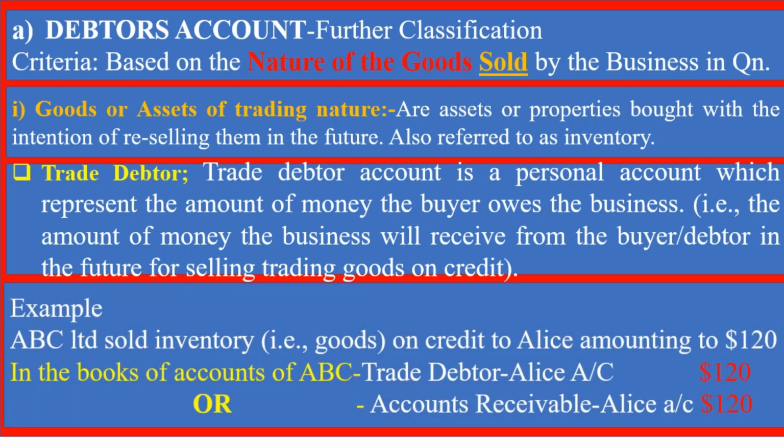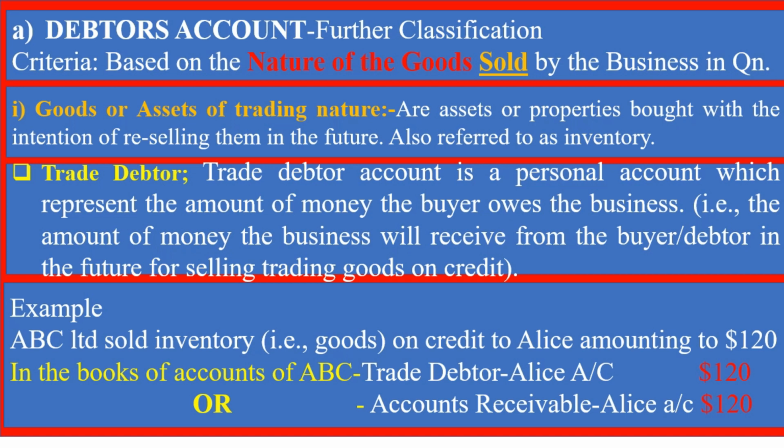So, for example, if you consider ABC Limited company, which sold inventory, that is goods, on credit to Alice, amounting to $120, in the books of accounts of ABC, you'll notice that you'll have a trade debtor account known as Alice account, which is actually a trade debtor.